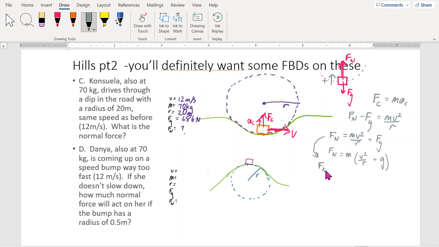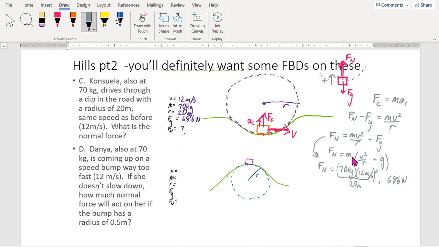So normal force, that's the one that's changing, is equal to m times v squared over r. Once again, that's 70 kilograms, 12 meters per second, squared, divided by r, that's 20 meters, plus the gravitational force, which is 686 newtons. You don't even need a calculator on this because we've already done this.